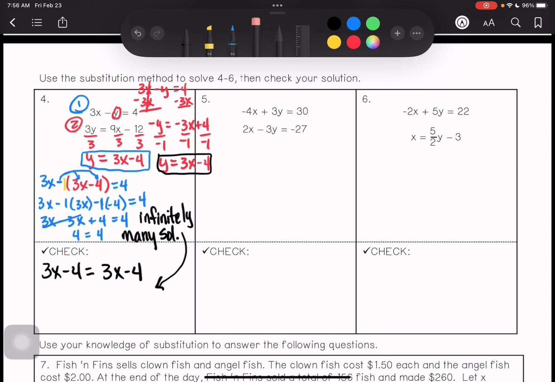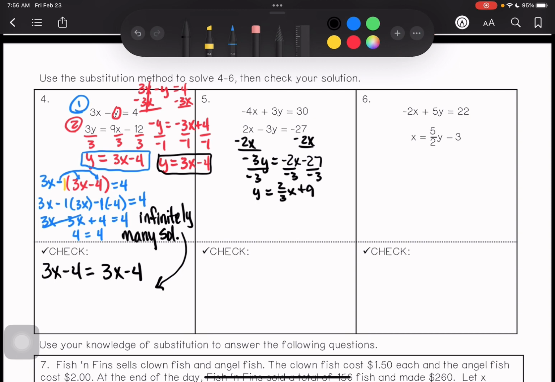Number 5, we want to put this in slope-intercept form and solve for y. So I'm going to subtract 2x from each side. Now subtracting 2x, I'm left with negative 3y equals negative 2x minus 27. Divide everything by negative 3. And that gives me y equals 2/3 x plus 9.